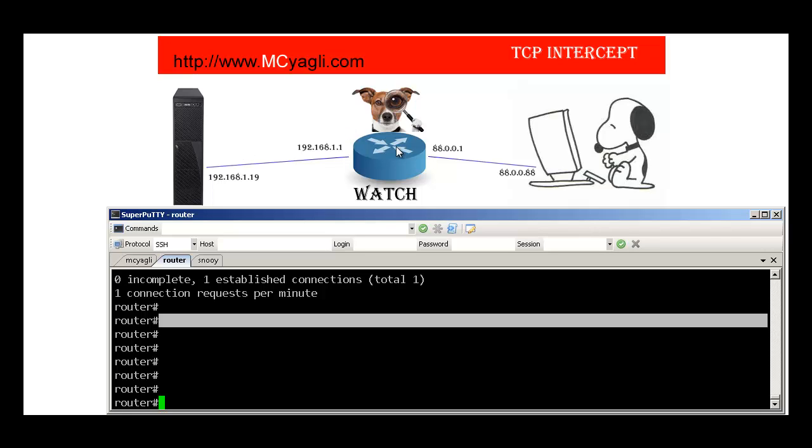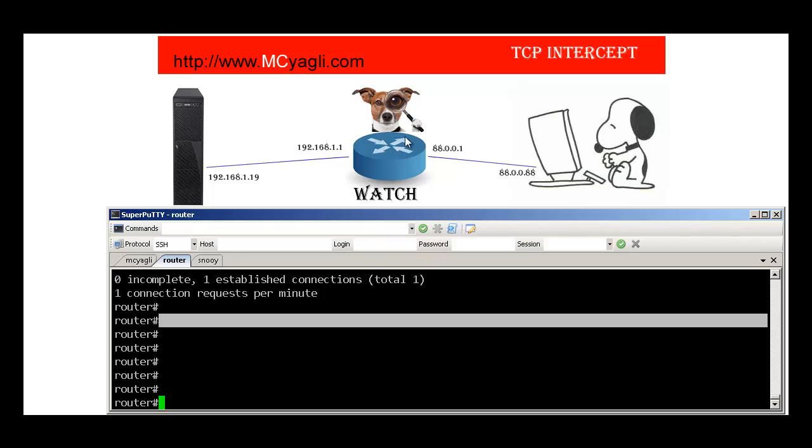Here the router is in passive mode. The router does not intercept the SYN packets, but it passes them through to the server. Snoopy will be sending a SYN message like this, and the server should be sending SYN and ACK, and then Snoopy should be sending the last message, which is the acknowledgement message. So the router will be watching it.